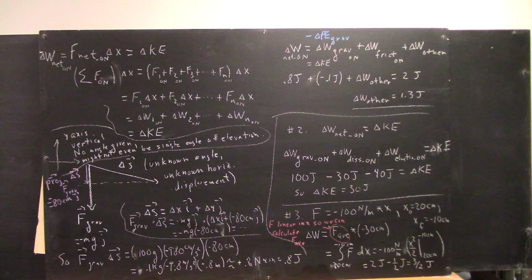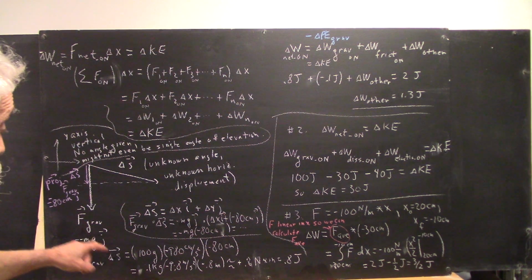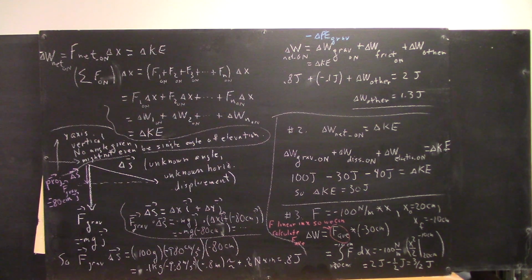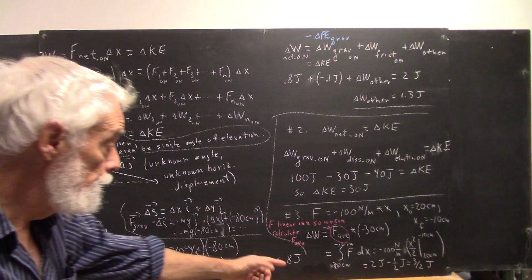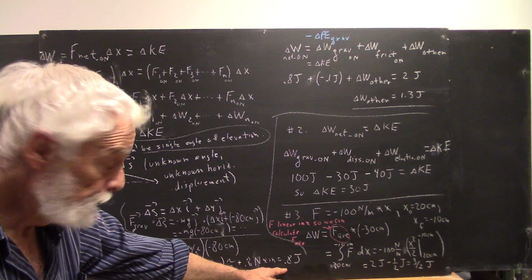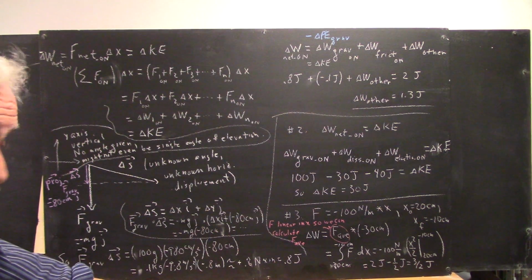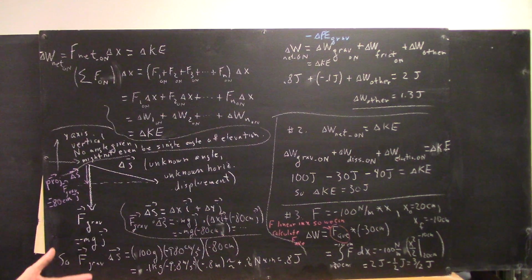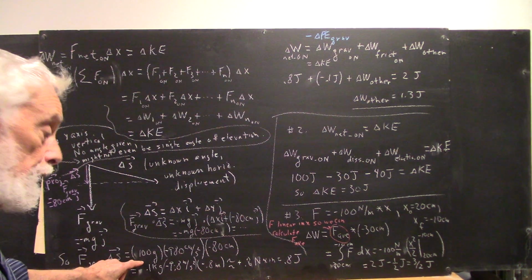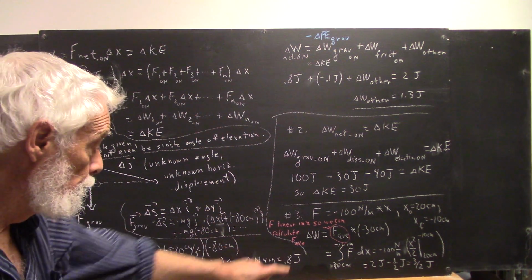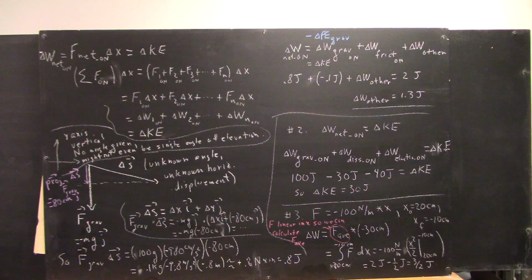If the gravitational force is the only force acting on the object, its kinetic energy is going to change by 0.8 joules. So if it starts from rest, it'll end up with 0.8 joules of kinetic energy. You can figure out easily what the velocity of a 100-gram mass has to be in order to have 0.8 joules of kinetic energy.